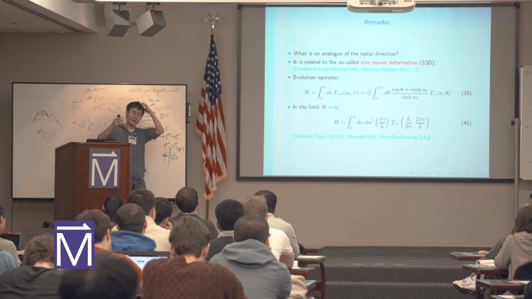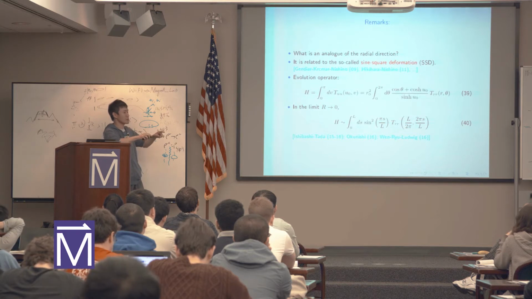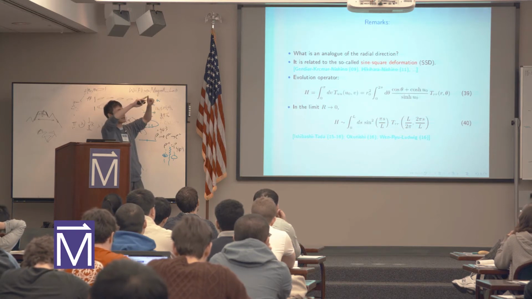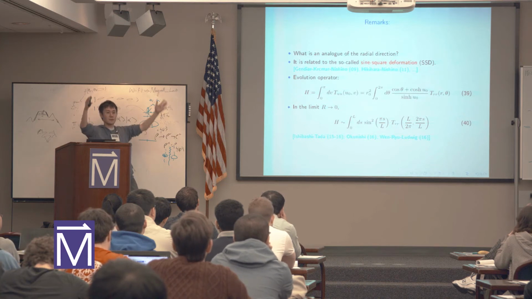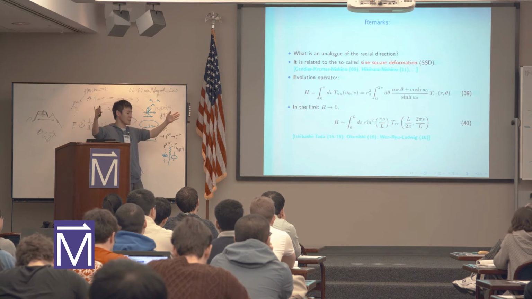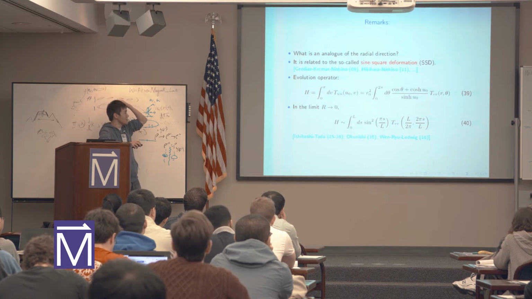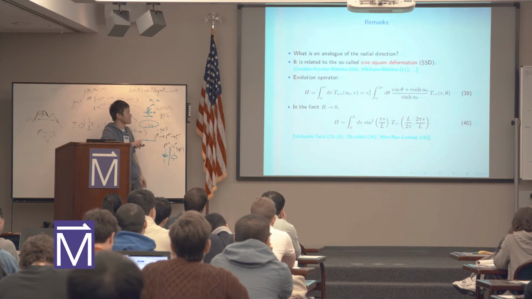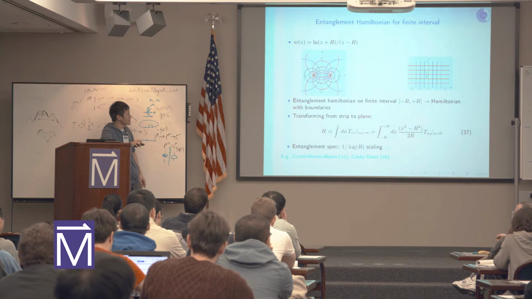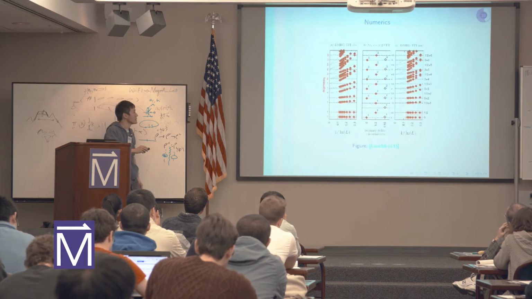If we were interested in the bulk properties, people try to introduce some sort of envelope function which introduces the boundary in a very smooth way, so that it minimizes the unwanted effect coming from boundaries. That's called sine square deformation. This sine square deformation is actually obtained from the radial flow of this conformal map in a natural way. Okay. Anyway, that's just a remark.